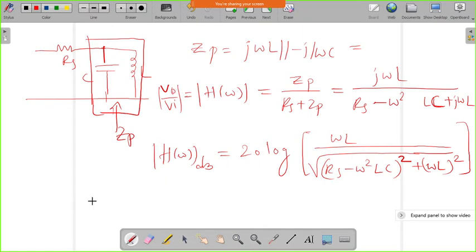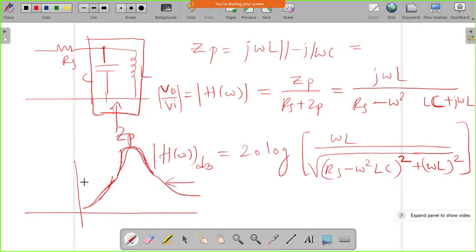This is what we are going to get in terms of the magnitude response in dB. If I take the response, we are going to get it like this. This one is 6 dB per octave, and again it goes to 12 dB per octave. This slope is 6 dB per octave, and this one is 12 dB per octave.